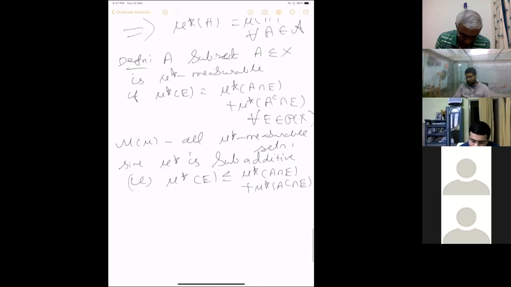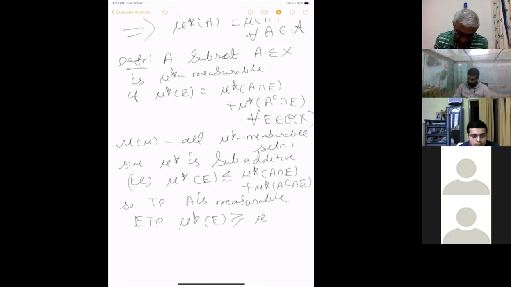So to prove that A is measurable, I sometimes say just measurable when mu is understood, it's enough to prove this inequality, the greater than or equal to direction.